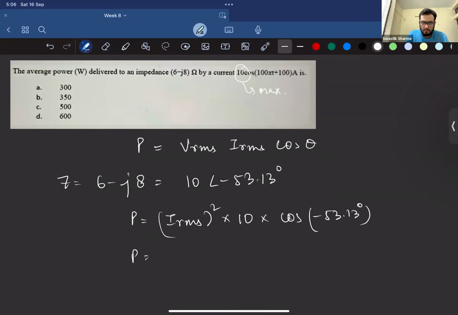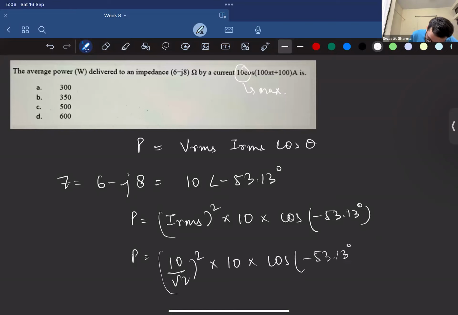They haven't told what exactly this value is, but generally whenever we represent an instantaneous current, the value is represented in terms of the maximum, Im. So this is 10 upon root 2, squared, into 10 cos of 53.13. If you calculate it, it comes out to be 300 watts. So the answer is A.